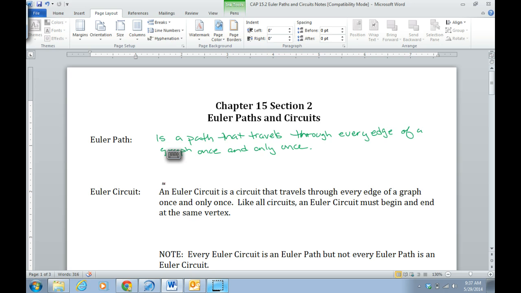Also, in an Euler path, each edge must be traveled and no edge can be retraced.